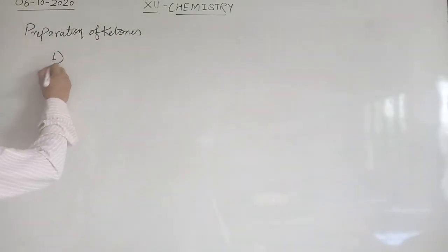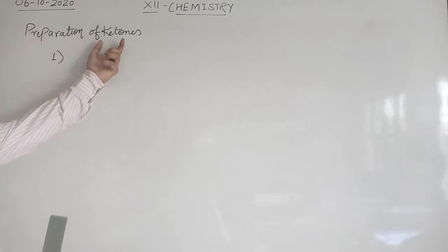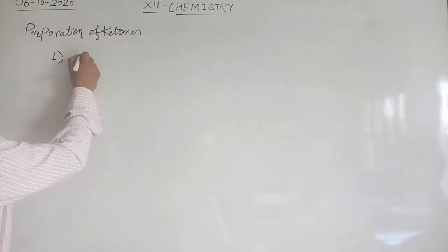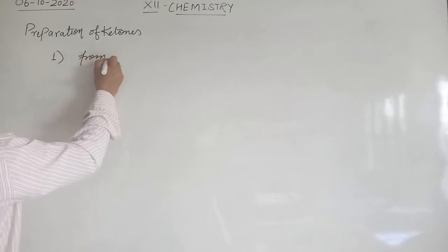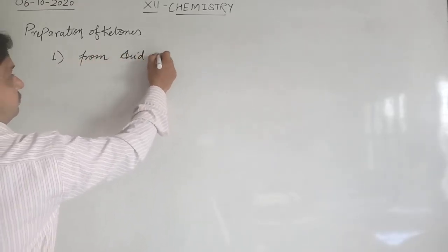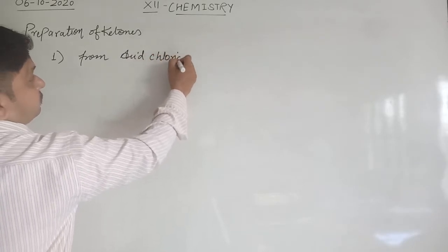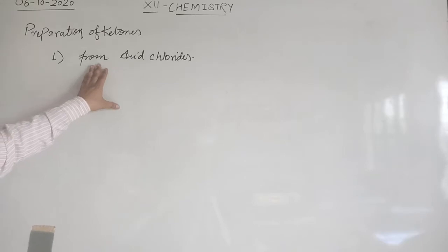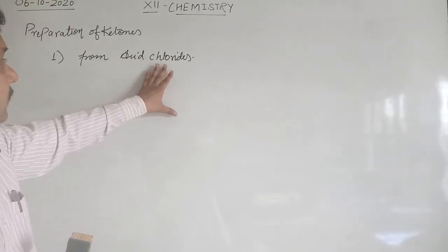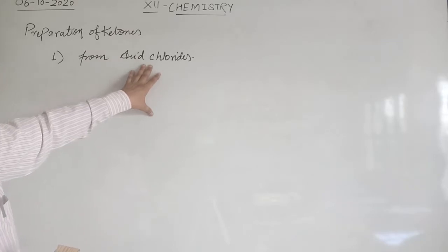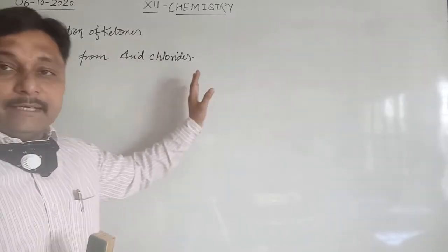So first of all, preparation of ketones can be done by acid chlorides. Acid chlorides can form ketones, and acid chlorides can also form aldehydes.